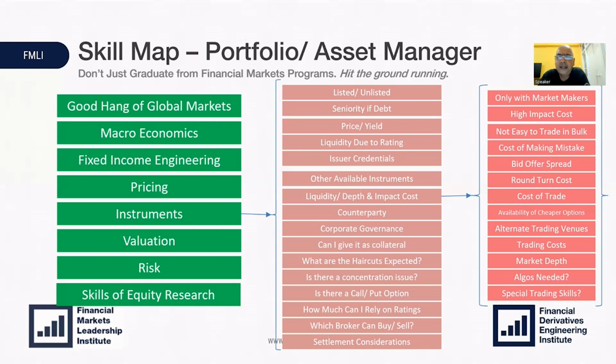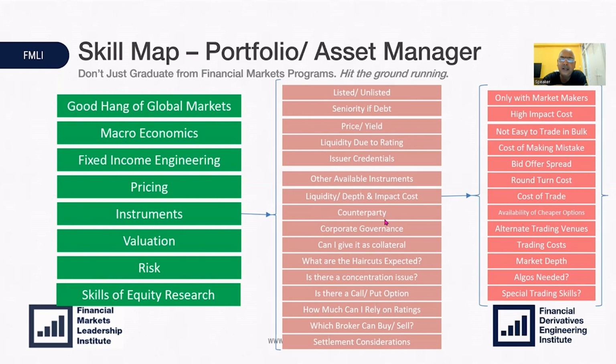Okay, other available investable instruments that compete with them, liquidity and depth and impact cost, counterparty risk, corporate governance. Okay, can it be given as collateral? So there are a whole lot of things that you need to know in this particular skill. So it is kind of a sub skill within skills. Okay, and then if you pick up one sub skill, it has sub skills.